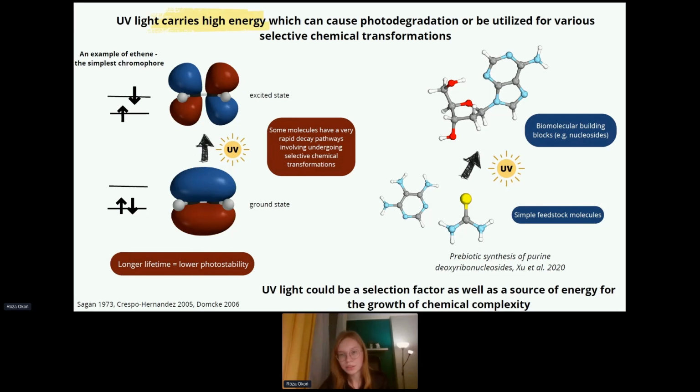And here on the right-hand side, you can see a fragment of the scheme from a very recent paper from 2020 by Zhu et al. And it is a scheme of prebiotic synthesis of nucleosides.